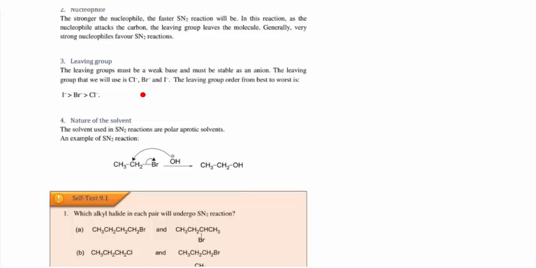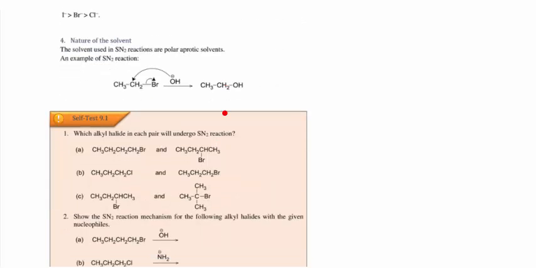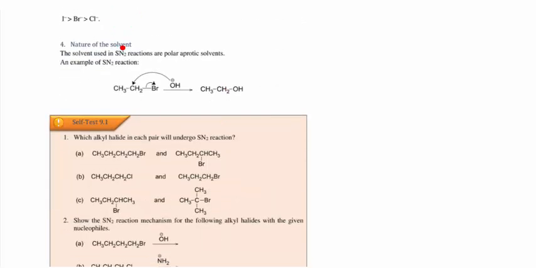So the sequence shows that iodides are better at leaving than bromides, which are better at leaving than chlorides. So here we're comparing that sequence to this question. Chlorides will find it more difficult to leave the molecule as compared to bromides.